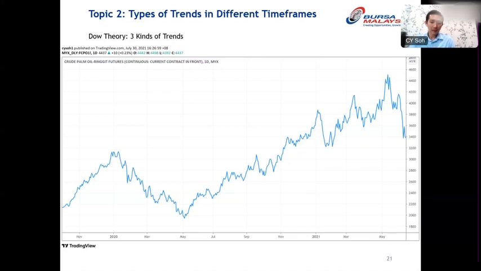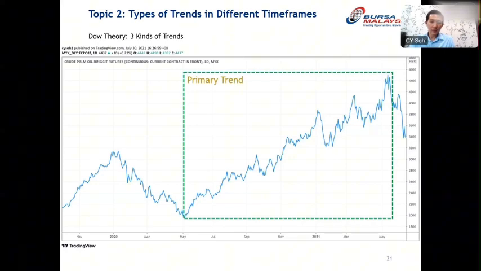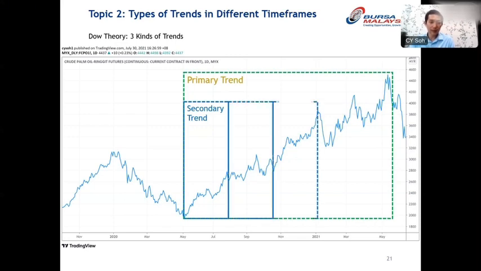Now let's apply this to a chart so you are able to understand what this Dow theory is all about. In this chart, for example, we can see this is a primary uptrend, and inside a primary uptrend there are secondary trends, and this is not just one phase only, right? There are multiple secondary trends in a primary trend.